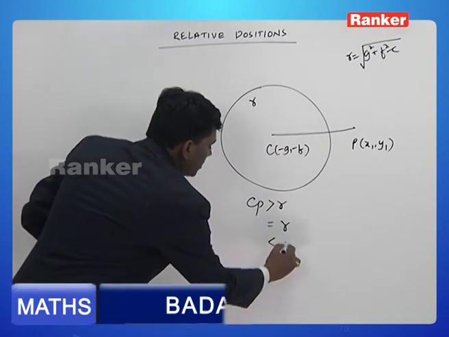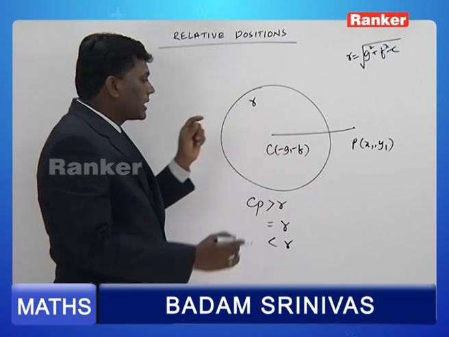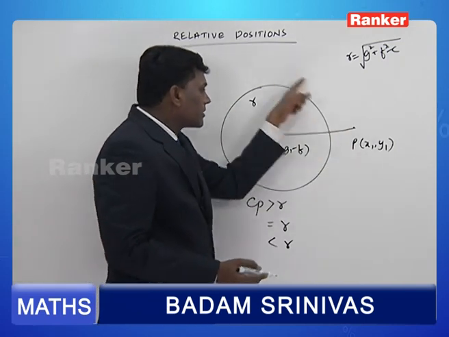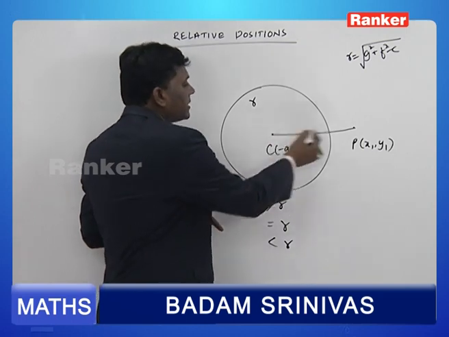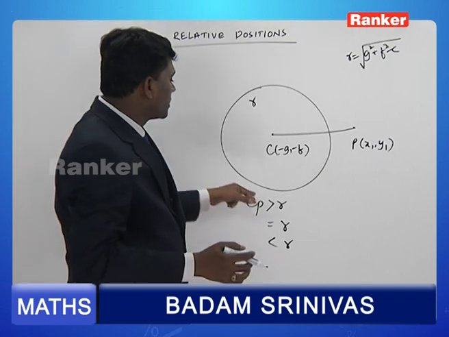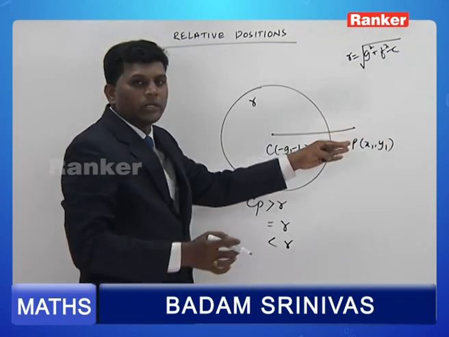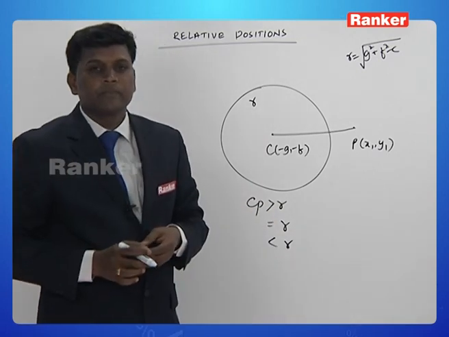If it is less than r, obviously the point is inside. So we can locate the position of a point with respect to a circle by finding its distance from the center to that point. If CP is more than r, it is external; equal to r, on the circle; and less than r, the point is internal.